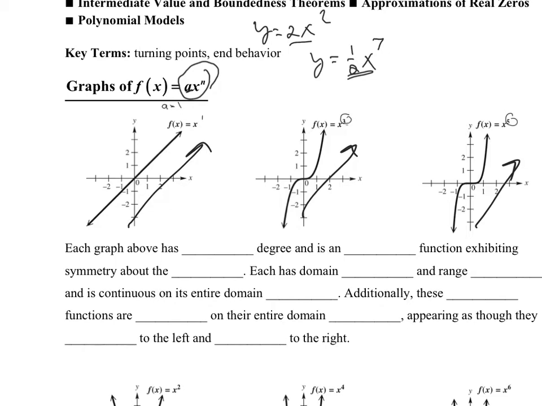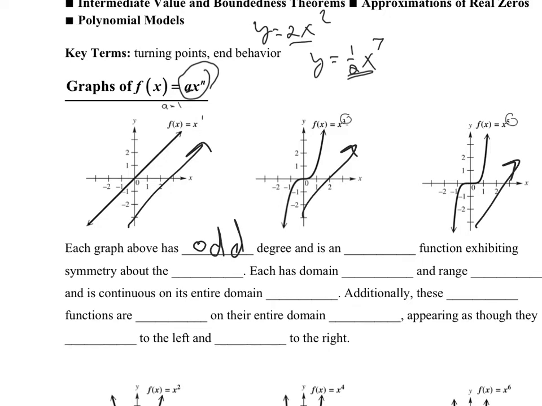So each graph above has what kind of degree? 1, 3, and 5. What would you call those three numbers? What kind of numbers are they? They're odd. They certainly are. They're odd degree.